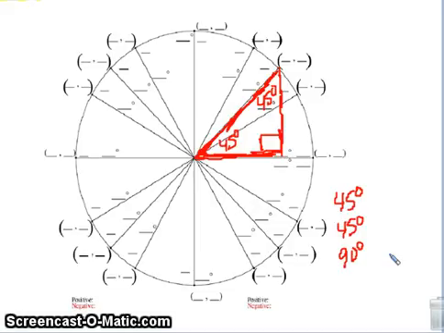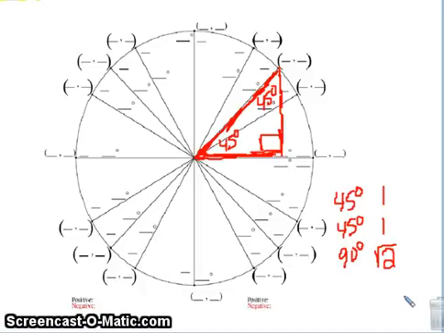Close. You're on the right track. No, you guys don't need to draw this. I'm just going to explain to you where your coordinates come from, okay? Well, that's your Pythagorean theorem. But if you know that you have a 45, 45, 90, then your sides are in the ratio of 1, 1, square root of 2. Anybody remember that?